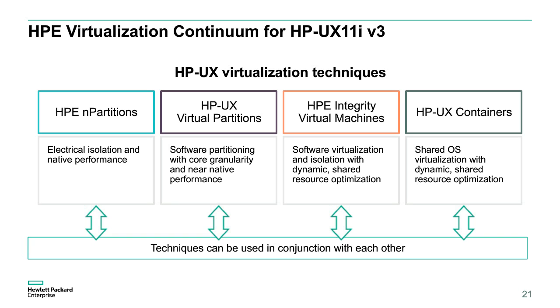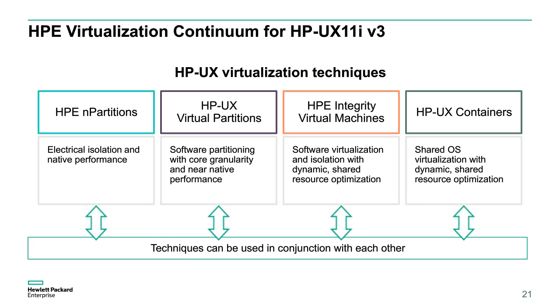And then we have the vPARs and Integrity Virtual Machines v6. This is where we have a hypervisor. The hypervisor is 11iv3, and then we can either create a virtual machine or a vPAR. If we create a vPAR, then it gets dedicated CPU and memory resources, and that resource is taken away from the hypervisor. It's no longer available to the hypervisor.